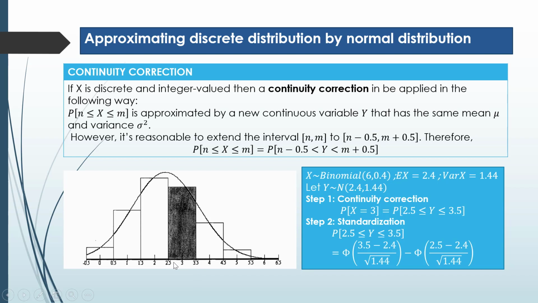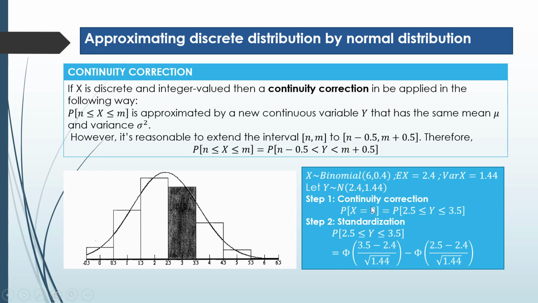The reason why we use 0.5 here is that we cannot use 1, because if you subtract 1, you are going to calculate the probability of 2 as well and the probability of 4 as well. So we can use any value less than 1. It should be less than 1. And usually to make it beautiful, we use 0.5, because 0.5 is the midpoint between these two values.